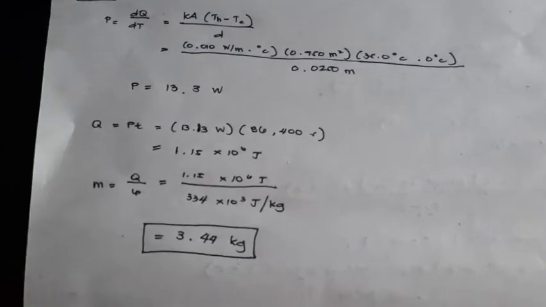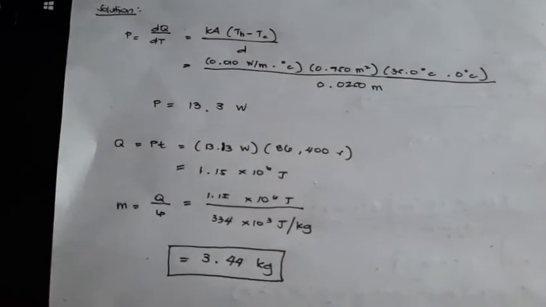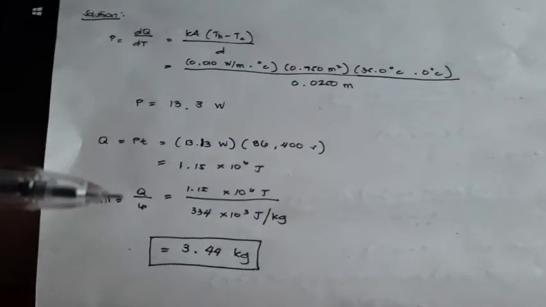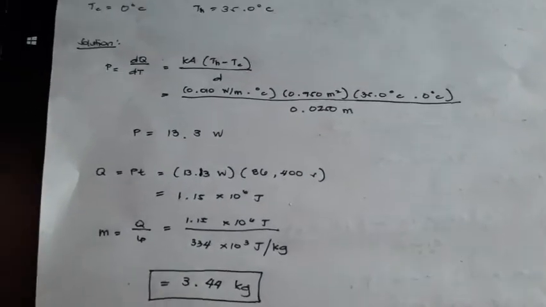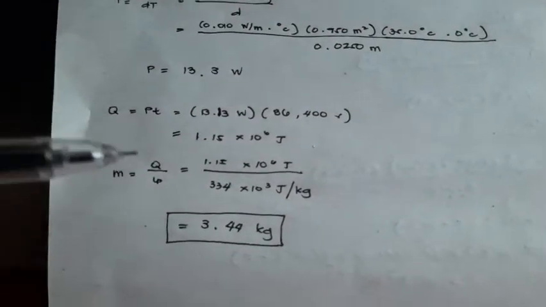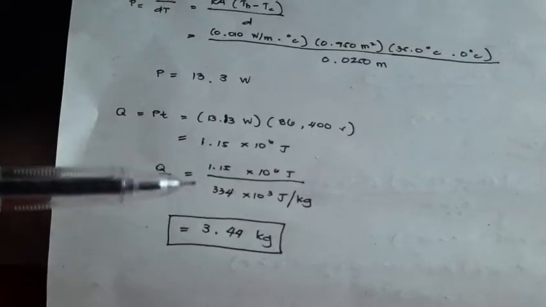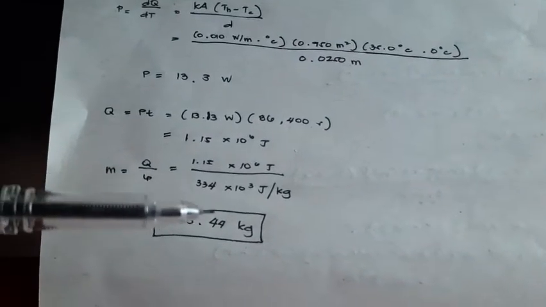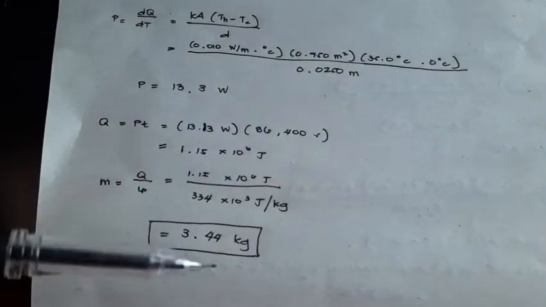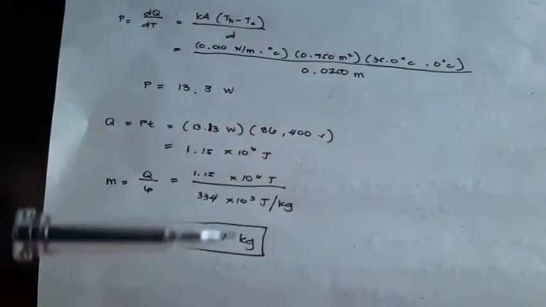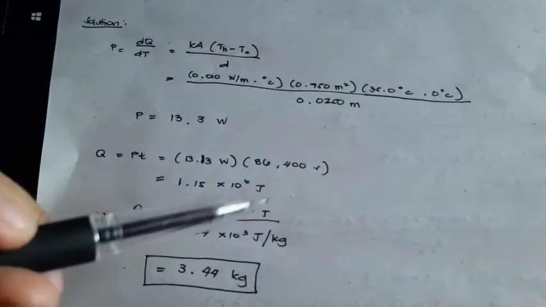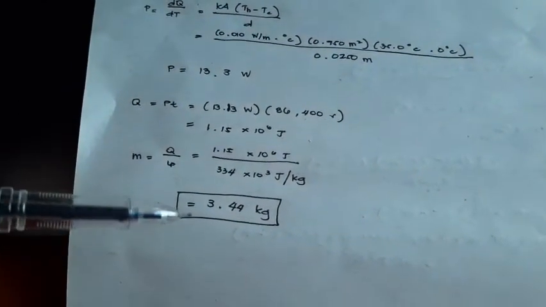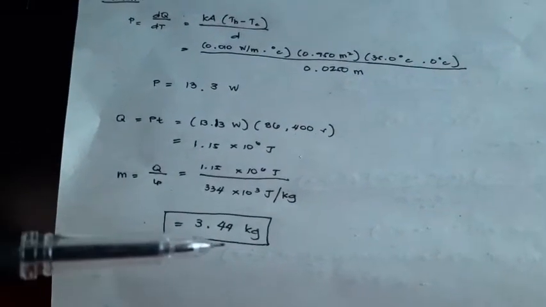We set this equal to the heat transferred to melt the ice. So Q is equal to M times the latent heat of fusion, and we solve for the mass M. So M is equal to 1.15 times 10 raised to the 6th power joules over 334 times 10 raised to the 3rd power joules per kilogram. The joules cancel, so we simplify, and we arrive at the answer, 3.44 kilograms.